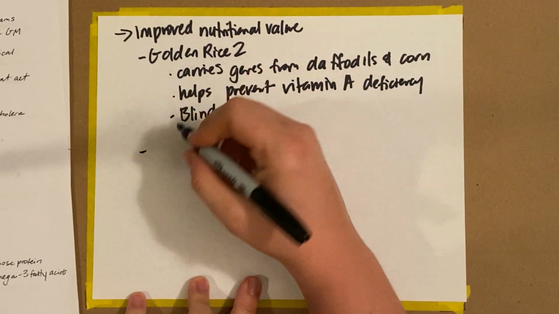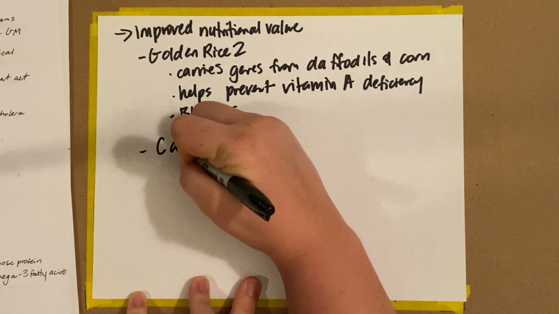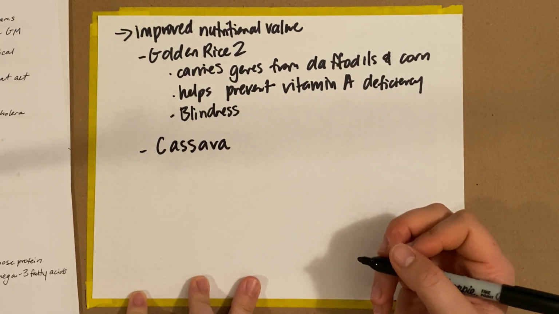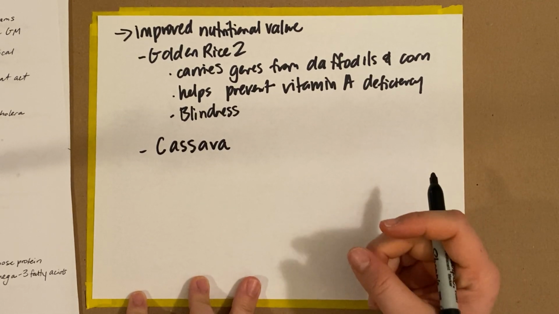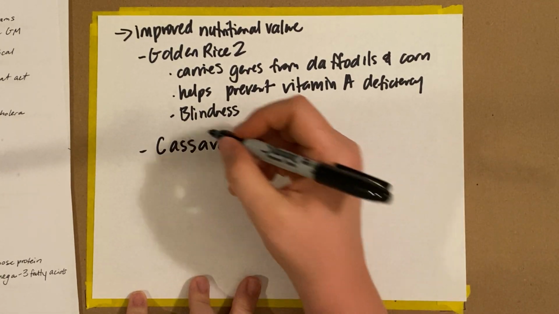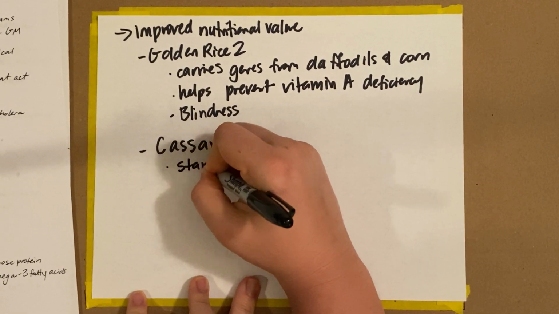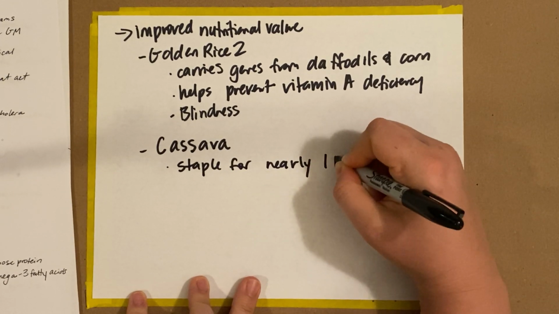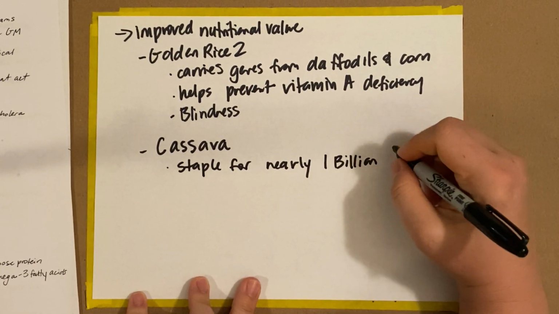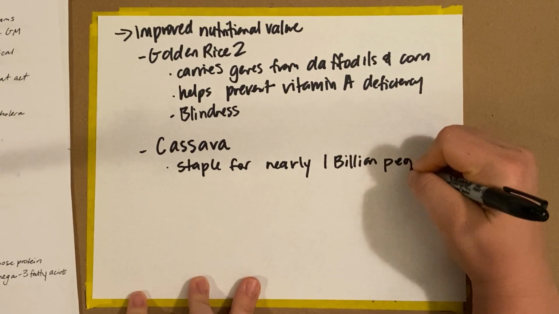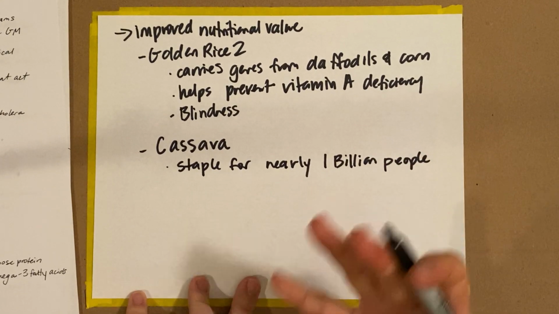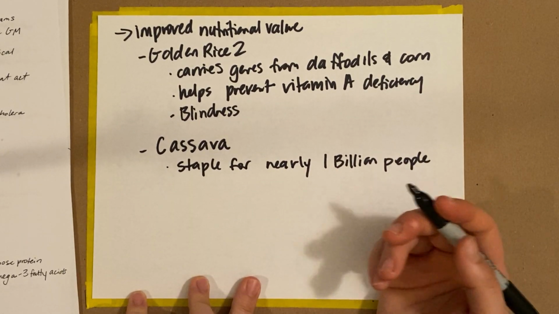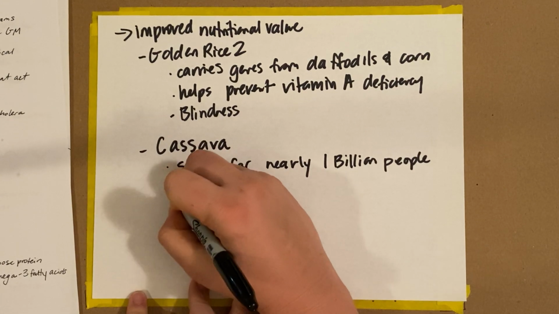Golden rice is one of them. And then another food staple is cassava. Cassava is not very common in the United States, but it is a huge food source for many people. It's a staple for nearly 1 billion people, I think mainly in South America. If it's something that is already being eaten by these people, then you can put genes in there that increase levels of iron and beta carotene.